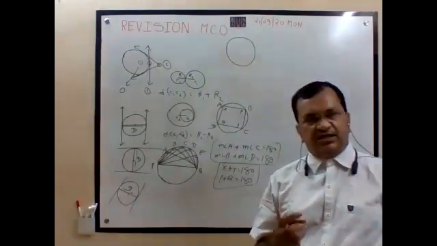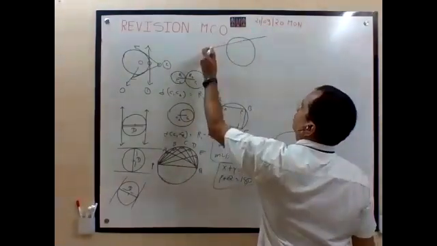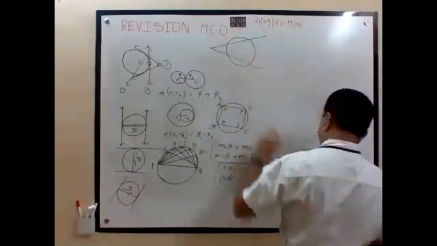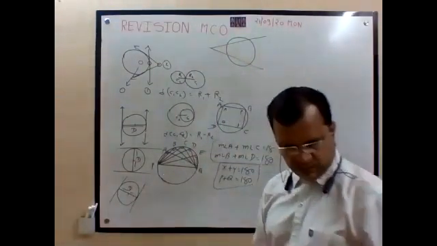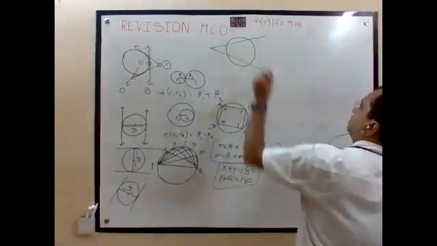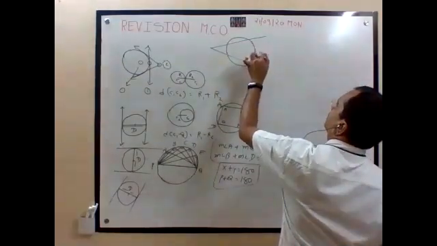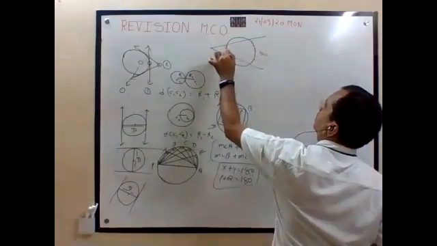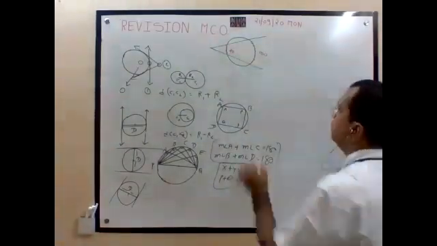Angle formed outside the circle. It is given, this is 100, this is given 20.